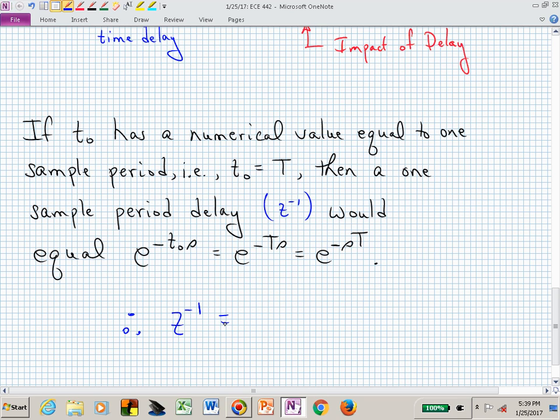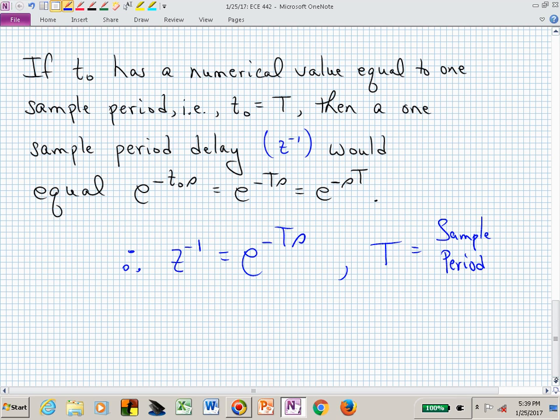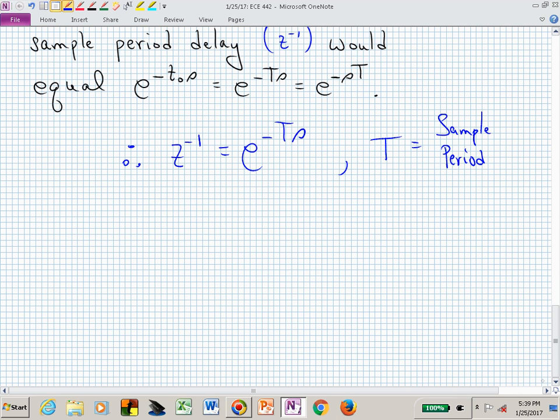We're saying z to the minus 1 is this e to the minus sT, where T is our sample period. Or if we wanted to rethink that in terms of z, what does little z equal?